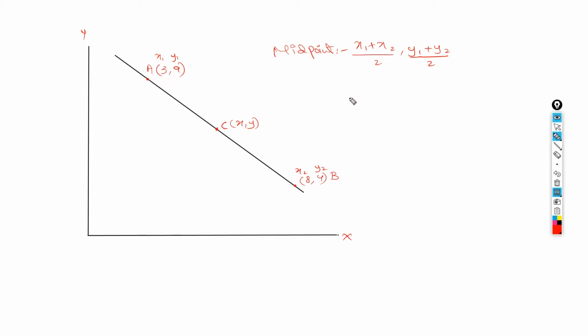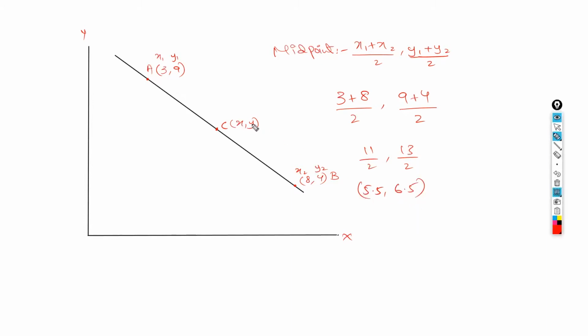X1 is given to you as 3, x2 is given to you as 8. So 3 plus 8 divided by 2, and y1 is given to you as 9, and y2 is given to you as 4. So 8 plus 3 gives you 11, 11 over 2 and 13 over 2, or 5.5 and 6.5 respectively.